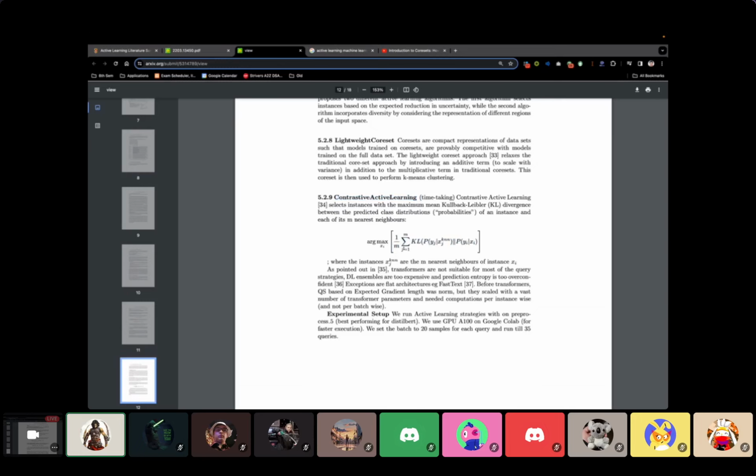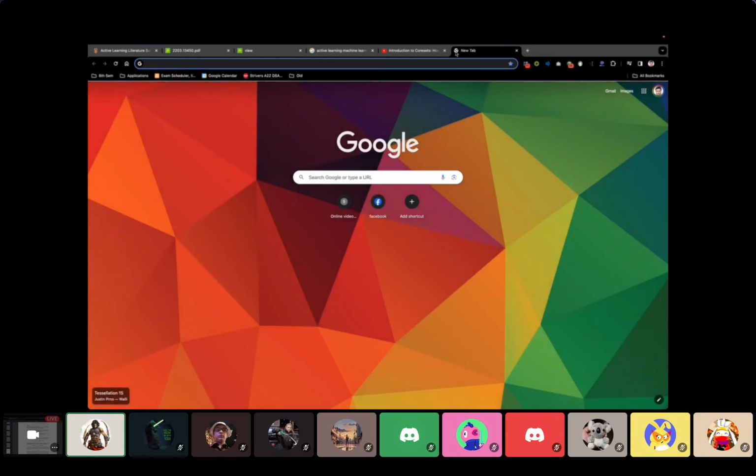Now what is KL divergence? KL divergence is used to compute the difference between two distributions.